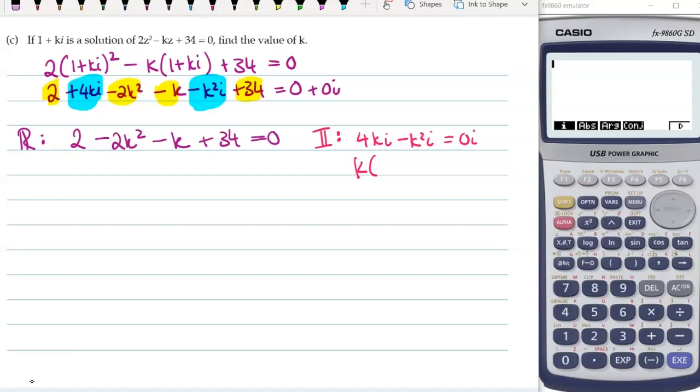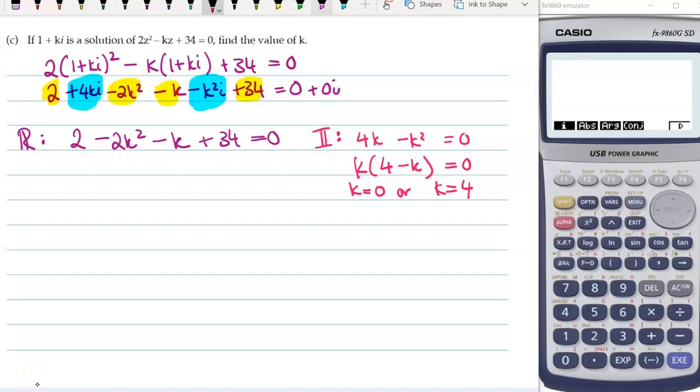So take out the i's. I'm just dealing with the coefficients. Take out a factor of k, and we've got k and 4 minus k. So k equals 0, or k equals 4.